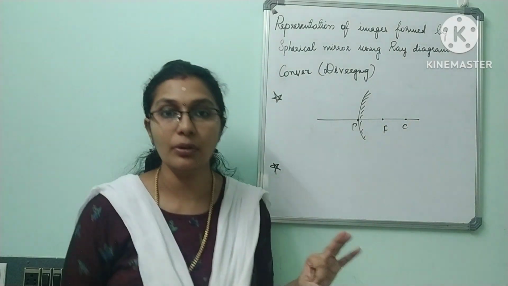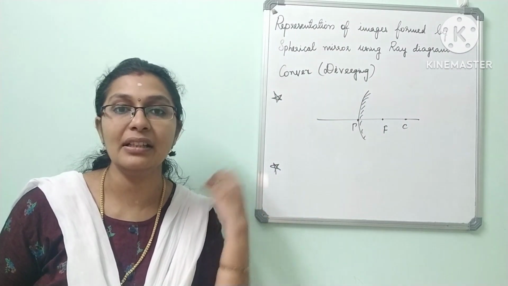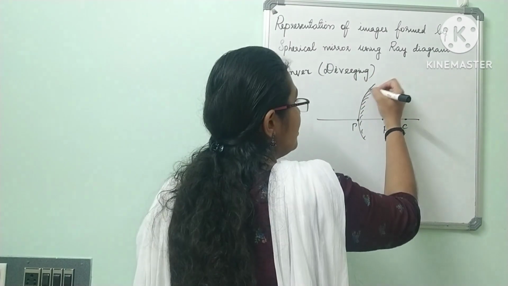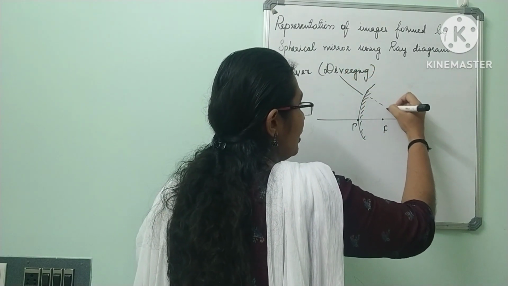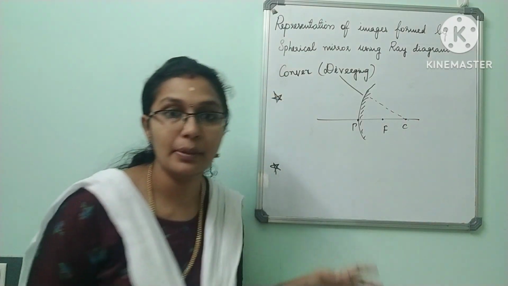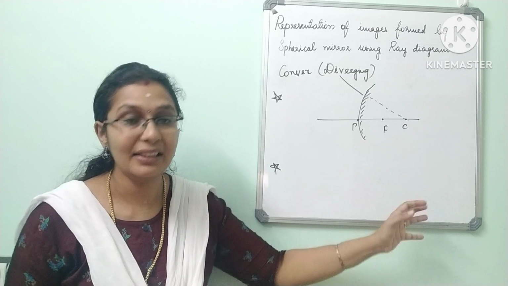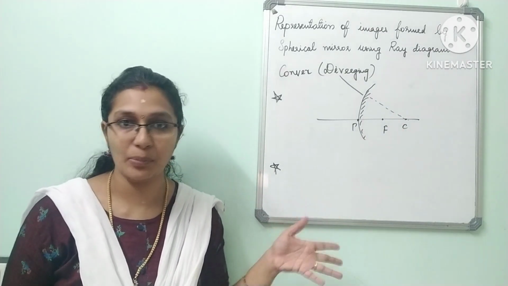Okay, what is the third rule? The third rule says that a ray passing through the center of curvature is reflected along the same path, right? So this is my center of curvature. So how will I draw the ray? Like this you have to draw. Always remember, in case of convex mirror, when you draw on the right hand side you should use dotted lines, which means it is imaginary.